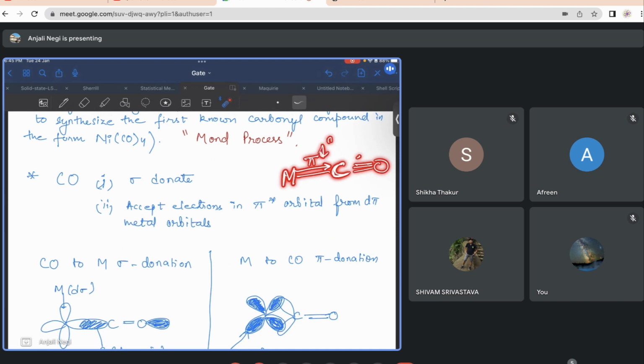If this is a strong back pi bonding, then it will weaken the CO bond, and hence the CO stretching frequency will be in a weaker region.